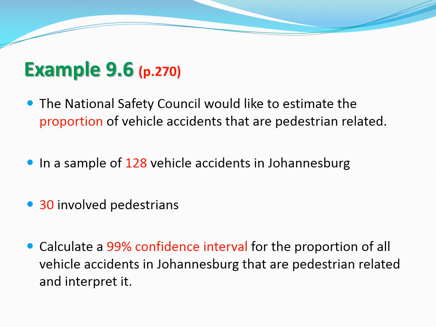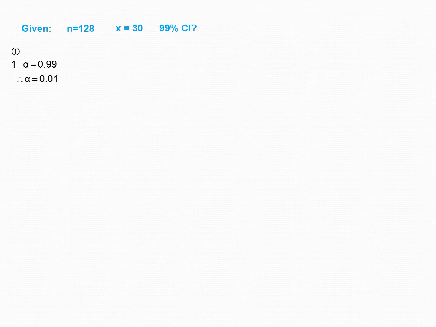So that is the number within that sample that meets the condition that we are investigating. So that will be X. And then calculate a 99% confidence interval for the proportion of all vehicle accidents in Johannesburg that are pedestrian related and interpret it. So for step 1, our confidence level is 99%, so 1 minus alpha will be 0.99.